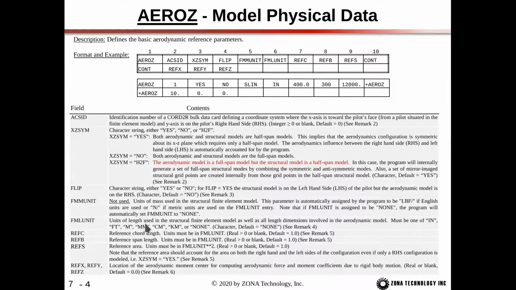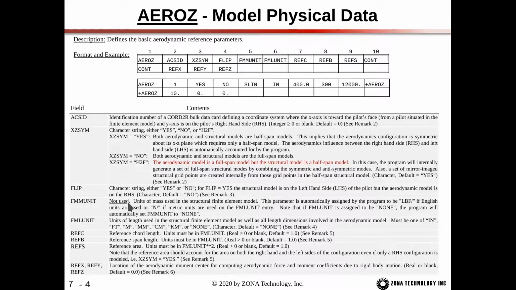If you have millimeters, then the mass unit would be metric ton. And if you have kilometers for your length unit, I'm not sure why you would do that, but if you do have kilometers as your length unit, then your mass unit would be grams. So that is a restriction of ZEUS, that your force unit must be either pounds or newtons, and there's no way to get around that.